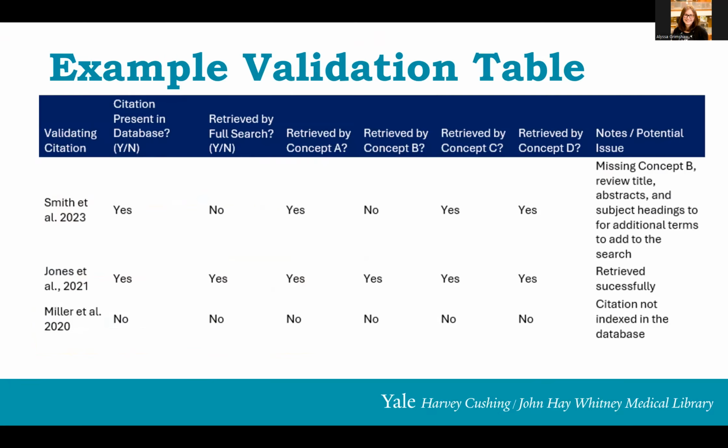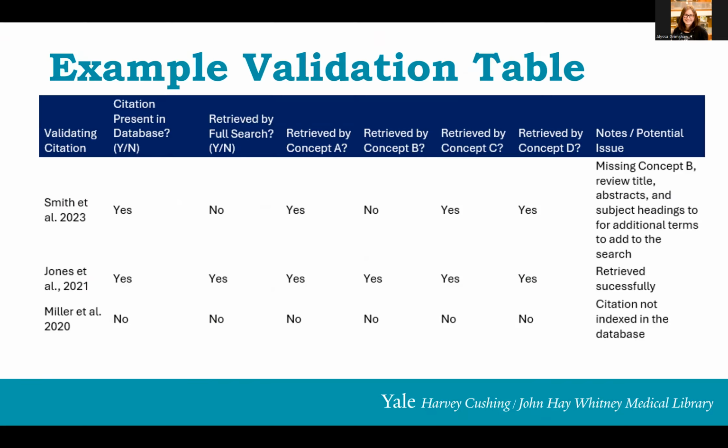So I created a quick validation table, and I purposefully left retrieved by concept A, B, and C here at the top because I didn't want to assign those. As you're filling this in, it may make sense for you to change this to what your populations are. So for instance, if your concept A is your population, you can change it to retrieved by population.